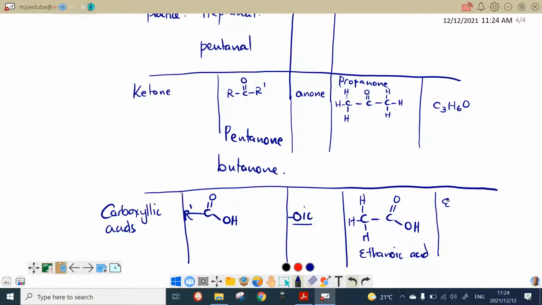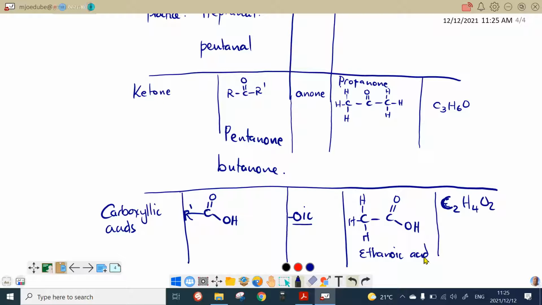And so the formula would be C2, and then how many hydrogens? 1, 2, 3, 4, so C2H4O2. So that is your carboxylic acid.